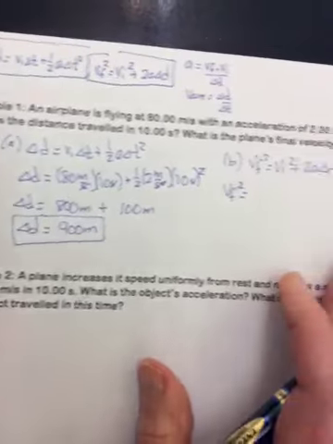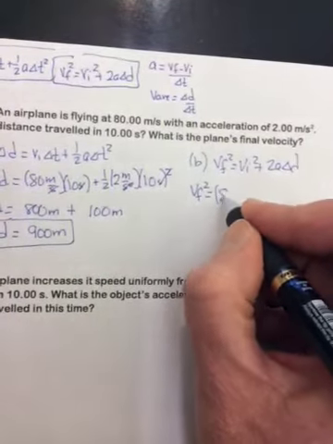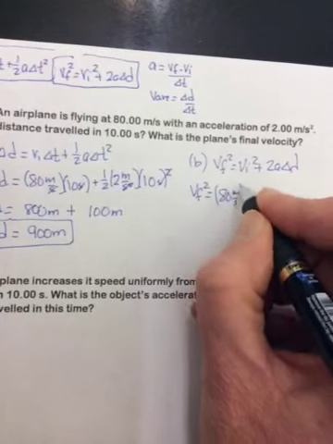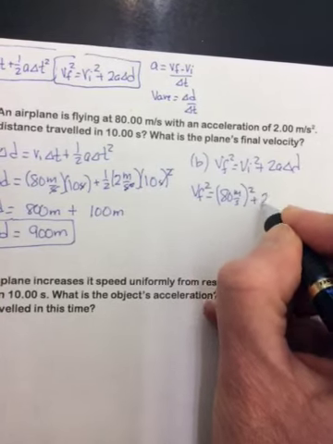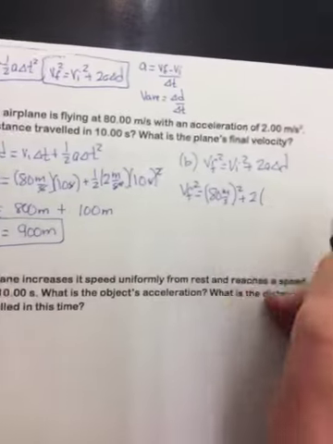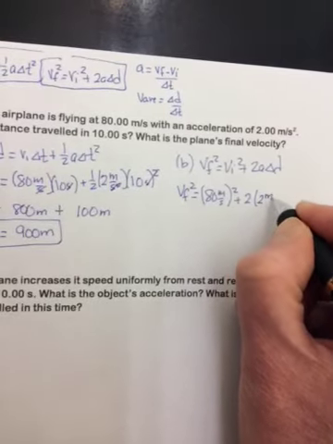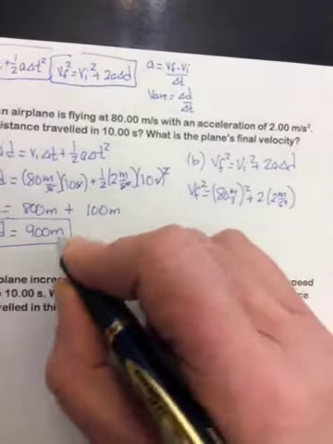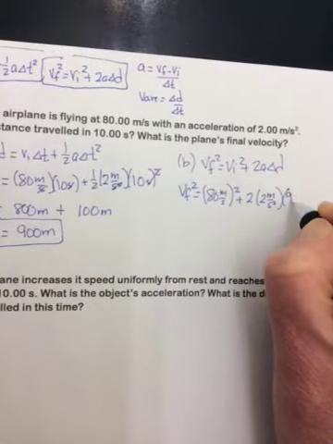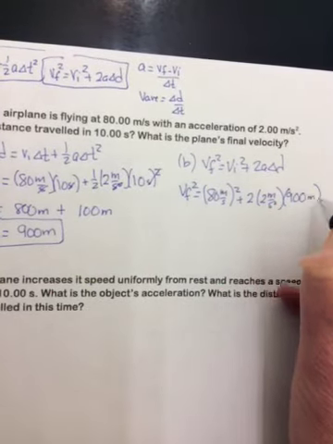So VI was 80 meters per second, and that's squared. Plus 2 times A was 2 meters per second squared. And our delta D we just found, it was 900 meters.